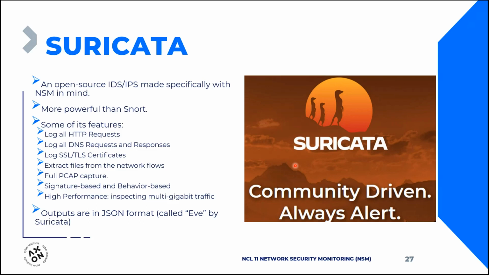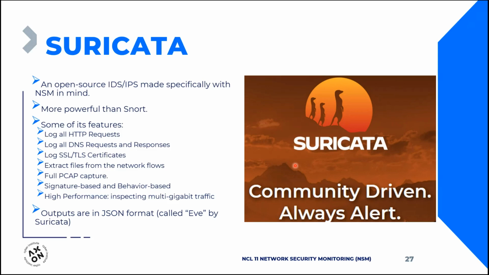It can even extract files. So if it comes across HTTP communication and there are files being downloaded from the internet, it can extract those files and put them in a directory. So you can see images, MP3 files, exe files, PDFs, Excel files, etc.